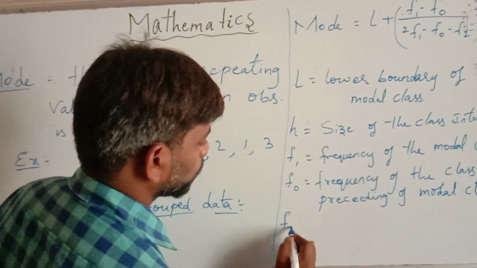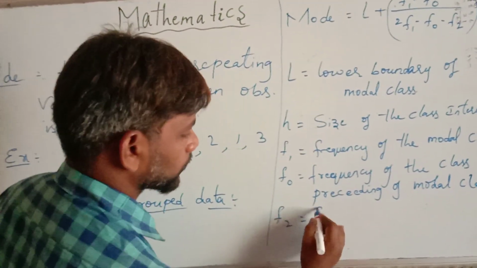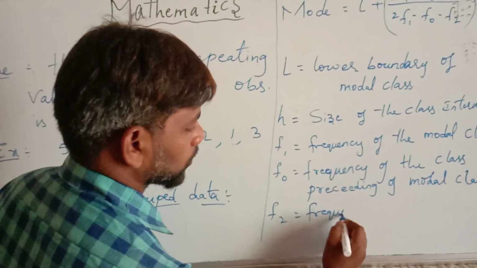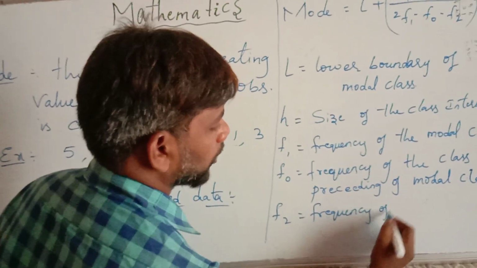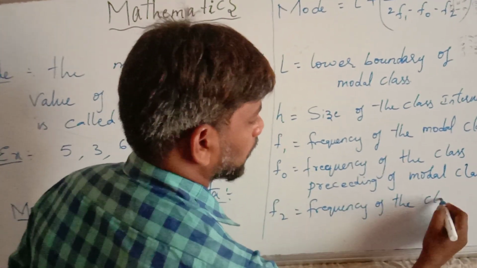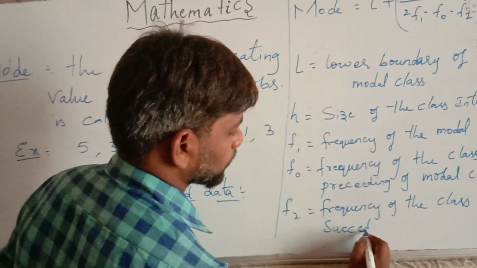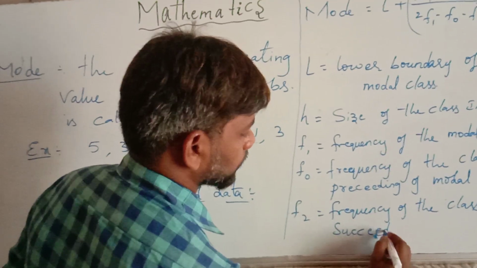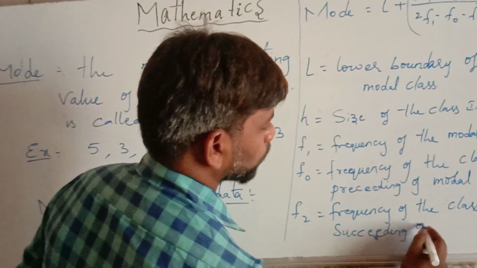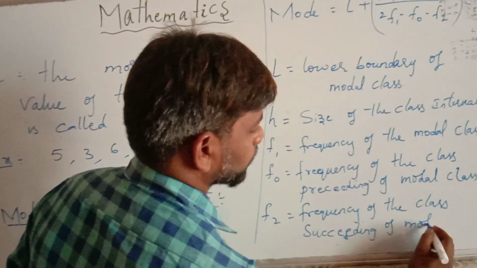And F2 is equal to the frequency of the class succeeding the modal class.